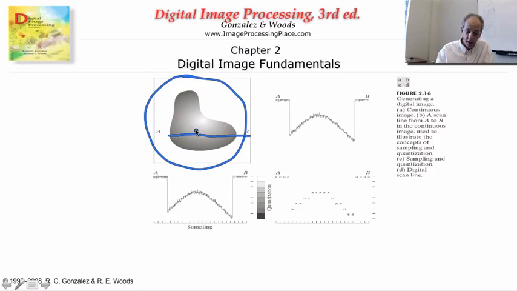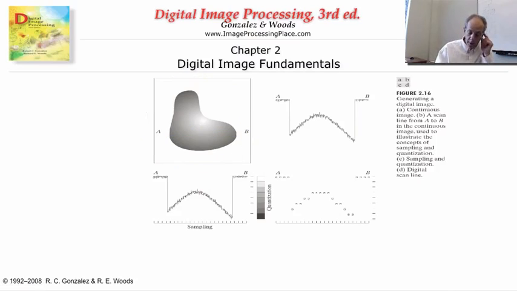Let me erase this so we can see it more clearly. If we go around, we see that it goes from white, then it's dark, then it becomes a bit brighter and goes down again, and then it's white again. So it has this profile: high is white, then it goes dark, then it goes up, down, and then it becomes white again.